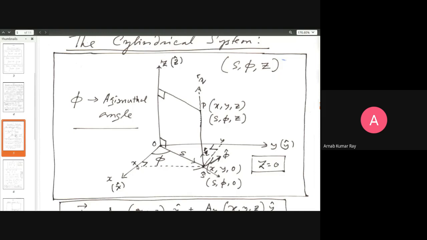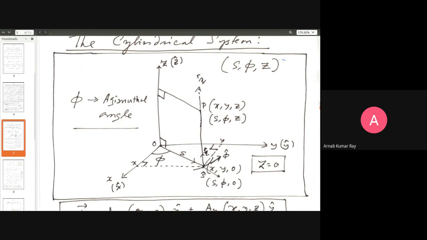Then, once you've come to this point, from here you move along this dotted straight line, which is parallel to the y-axis. So basically, you have traversed an x direction, now you have traversed a y direction. The point where the dotted y line ends will be at the foot of a perpendicular drop from P to the xy plane, here.